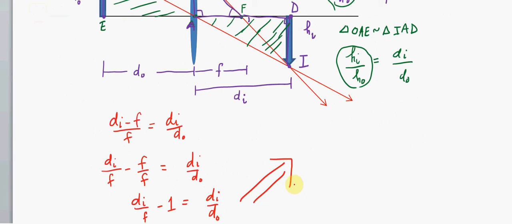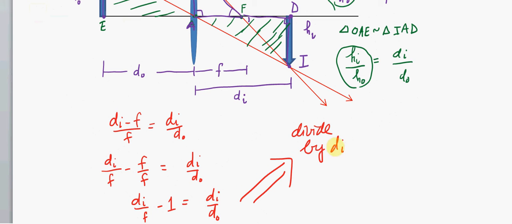Right. And now this equation is perfectly correct. There is nothing wrong with it, but we can take it yet one step further and divide both sides by D sub I. Divide everything.